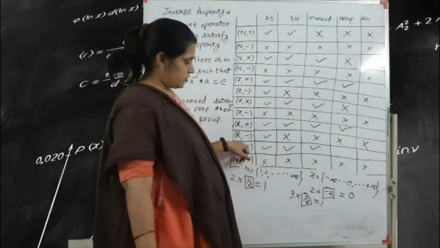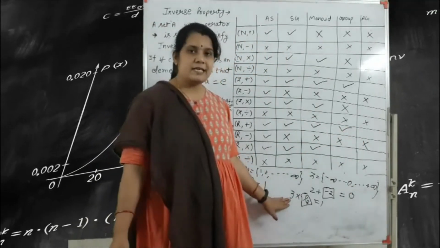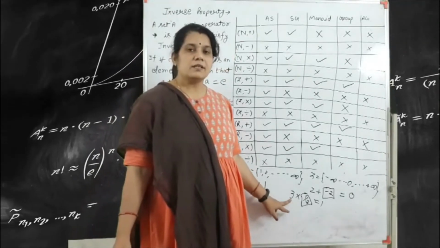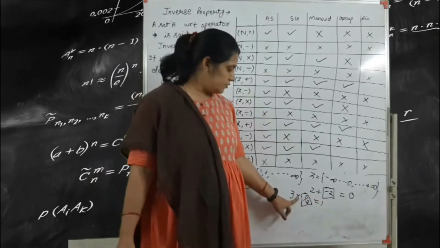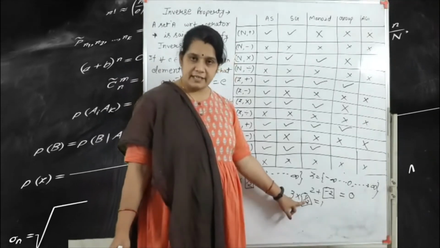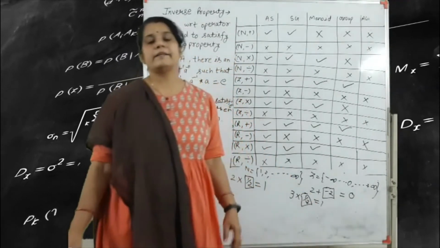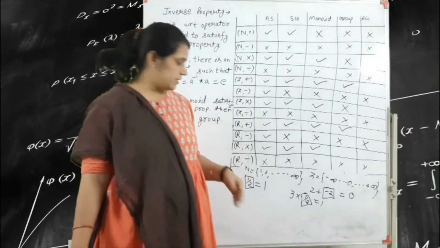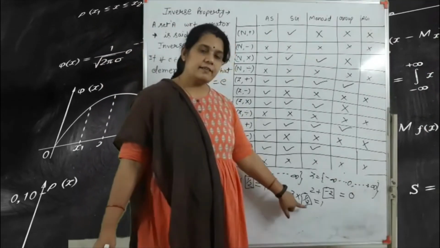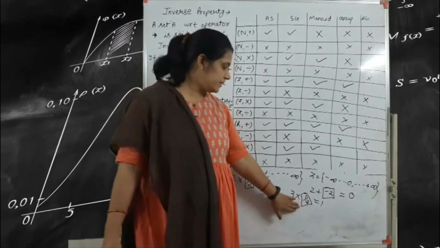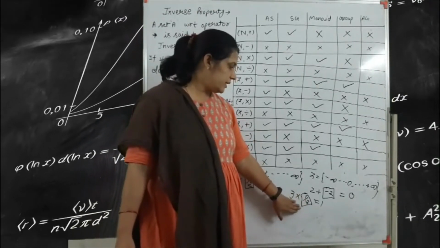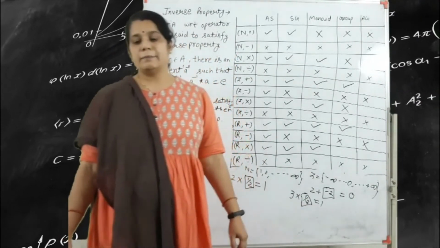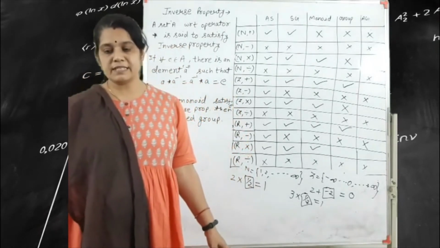And R multiply: in case this 3 is an element of the real number set, 3 into which number gives the identity element 1, because we use the multiplication operator? Obviously we write 1 by 3, and 1 by 3 is also included in the real number set.